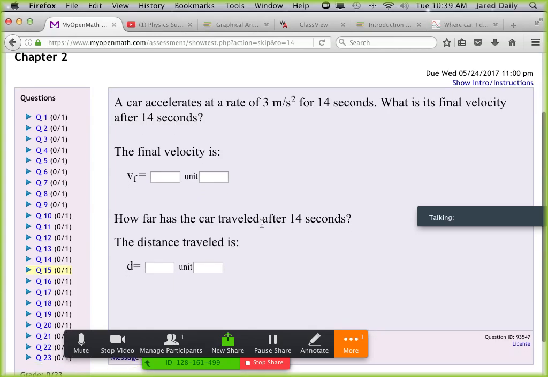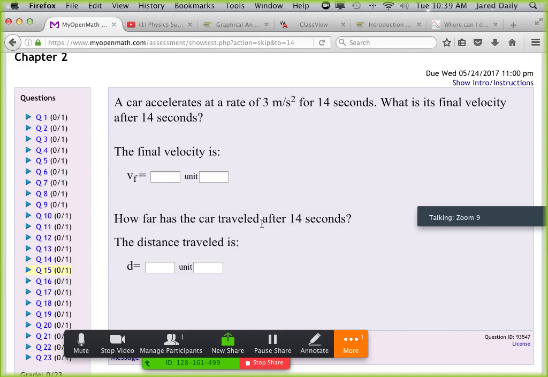Keep saying 13. Distance traveled 0, you say? Oh, the starting position. Yeah, the starting position is 0, yes. And the starting velocity is also 0.